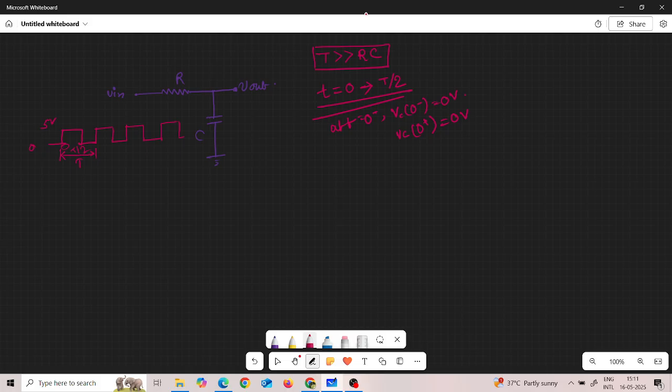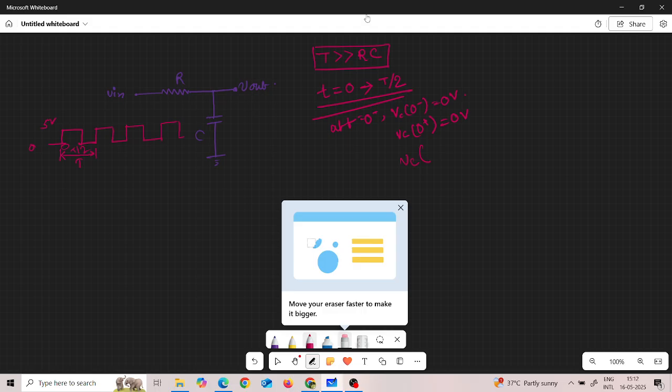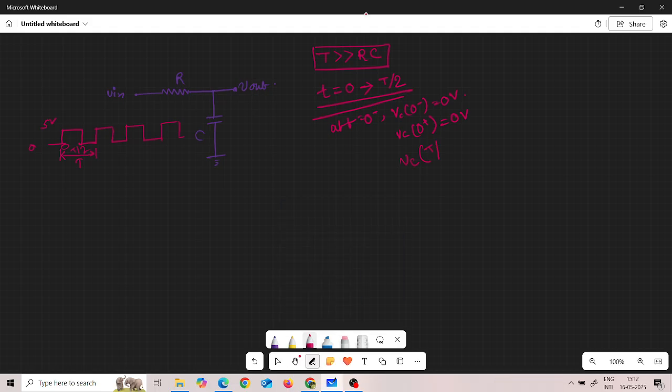Within this T by 2 interval the capacitor is fully charged, and the final value, VC at infinite, or VC at T by 2, will become 5 volt.